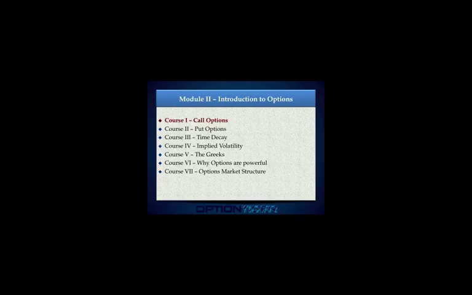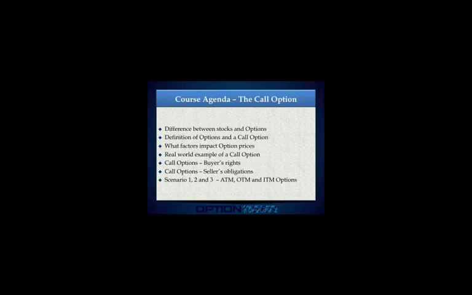So let's get started. The agenda for this course includes getting a broad understanding of the differences between stocks and options. Then we'll see how options are defined and in particular what a call option is. The best way to understand options is to use real-world examples for both calls and puts.